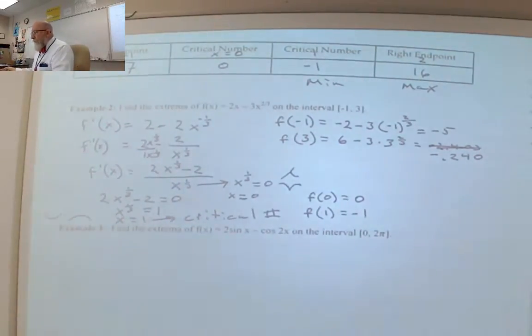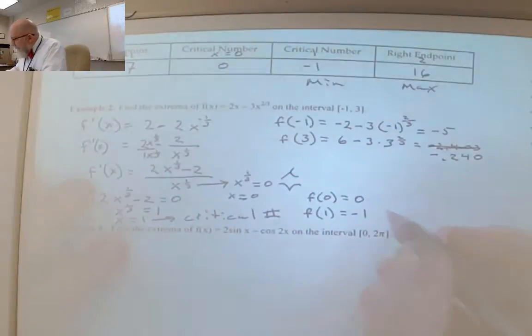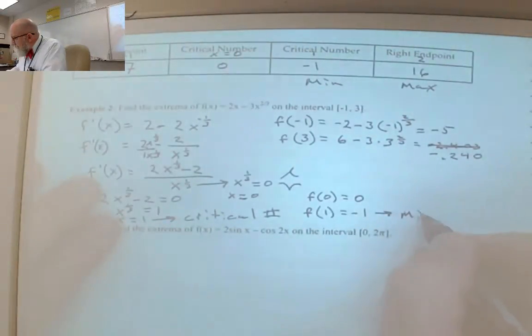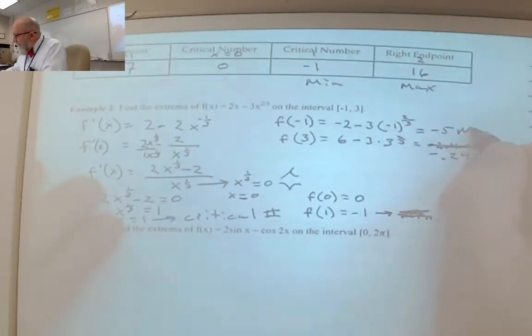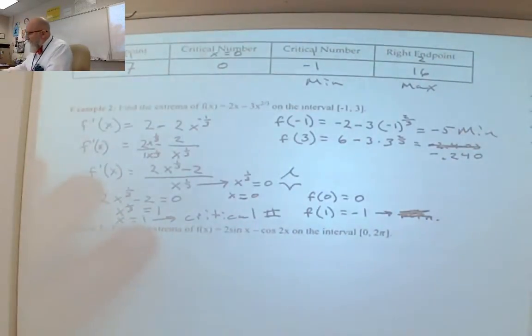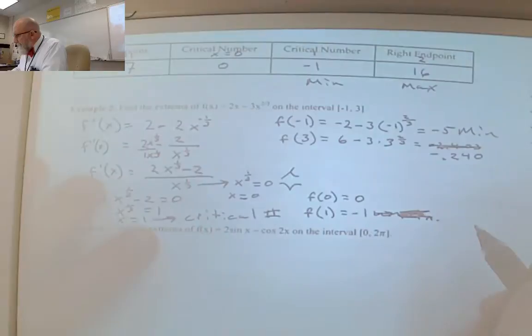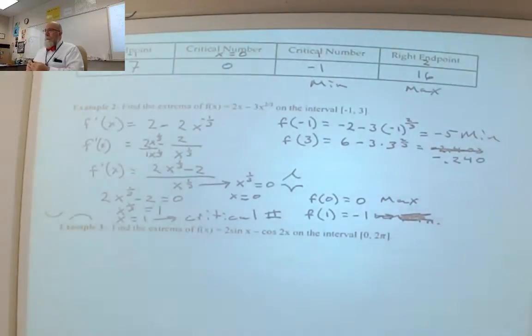Now, what's my min? Negative 1. Awesome. Oops, negative 5. Sorry, I forgot about negative 5. What's my max? 0. All right, do you have a graphing calculator?